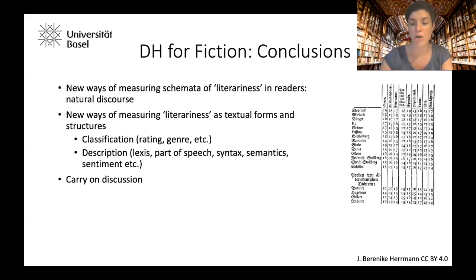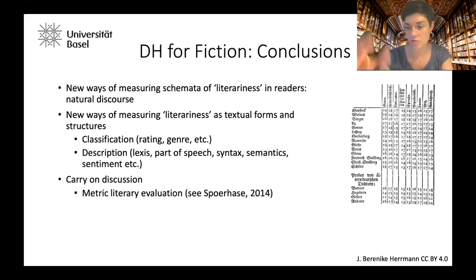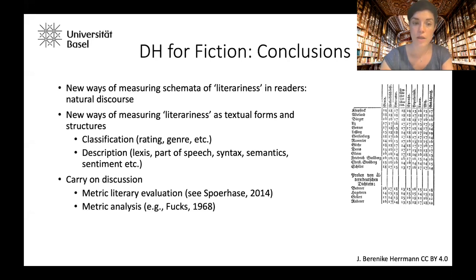This is about carrying on the discussion about metric literary evaluation within literary studies. There is, as I said, an avid discussion comparing these novice and lay readers to the professional ones also. It's about metric analysis generally for digital humanities, for fiction.